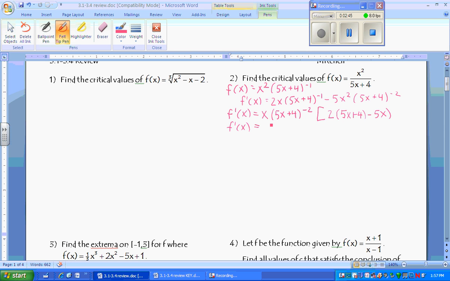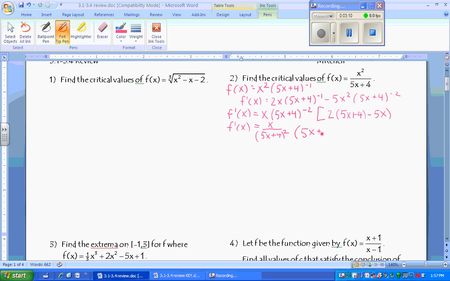You'd get x over 5x plus 4 squared, since the negative 2, you just bring it down. And then inside, once you multiply the 2 times the 5x, you get 10x. 2 times 4 is 8, and minus 5x, so 10x minus 5x is 5x.